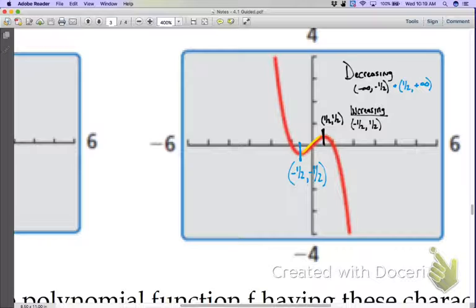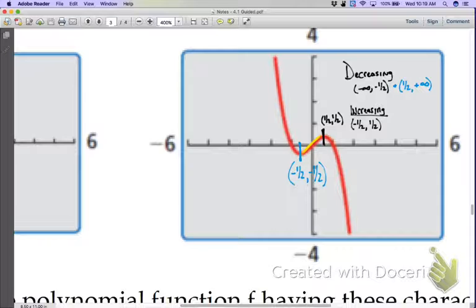You can pick up your pencil and draw it without ever stopping. I could keep going off to the left, I could keep going off to the right. With any sort of interval, you should always start from negative infinity, and you should always end at positive infinity.